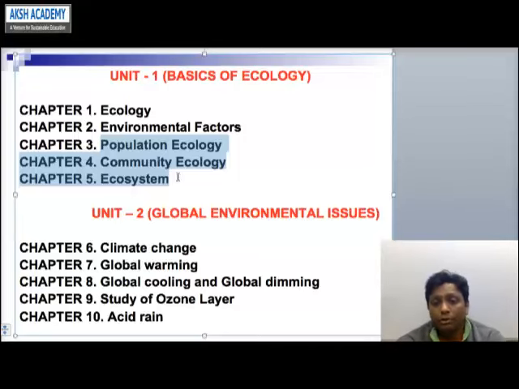In population ecology, you can find, guys, population dispersal, natality, mortality, population growth curve, survivorship curve, migration kind of concepts, ecotype, ecospecies, ecads, even founder species, flagship species, keystone species. Even keystone came in your paper, friends. All these terms you can find from population ecology.